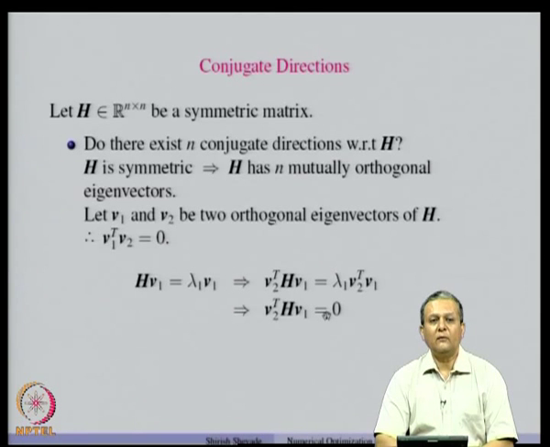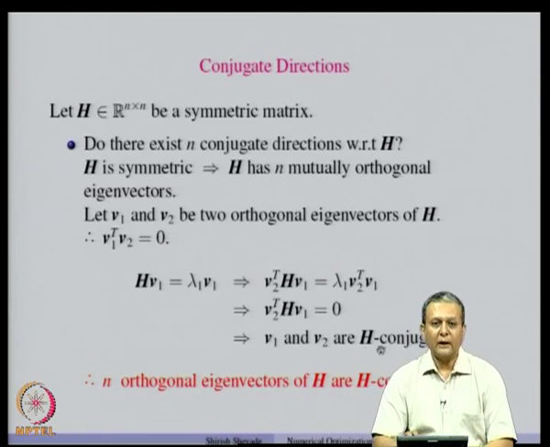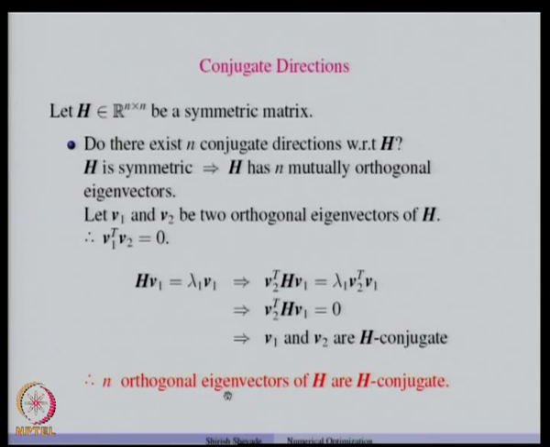So, they form what are called H conjugate vectors. So, V1 and V2 are H conjugate, and therefore, we can say that the n orthogonal eigenvectors of H are H conjugate. We can extend this result for all the n orthogonal eigenvectors of H, and from this result you can see that they are H conjugate.